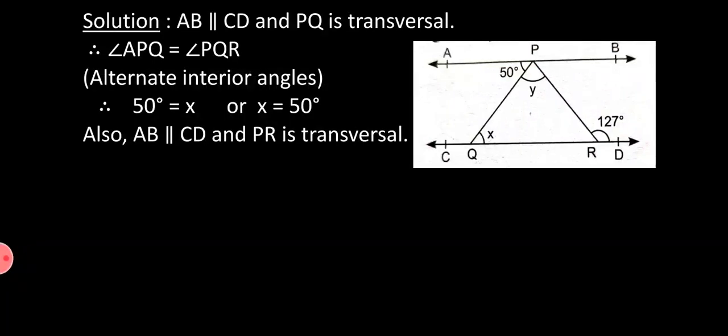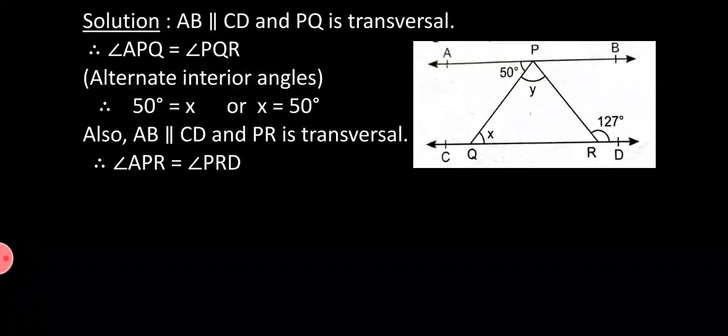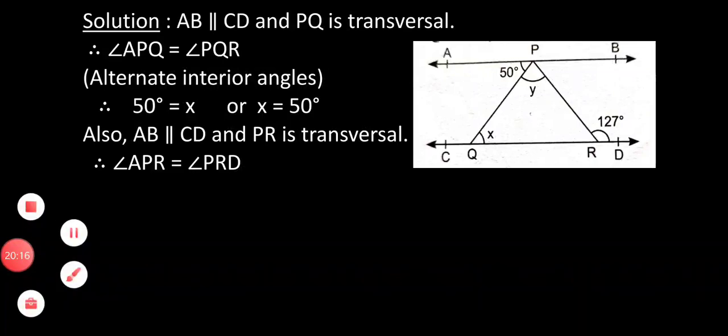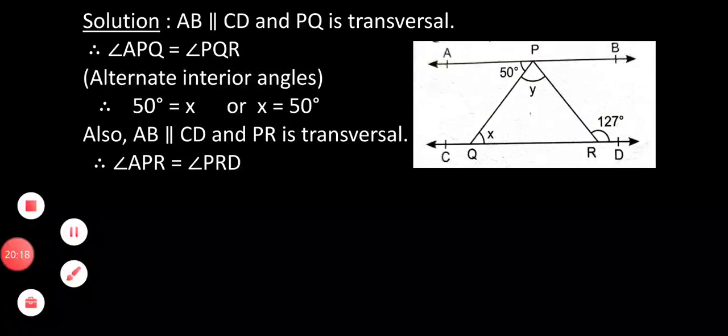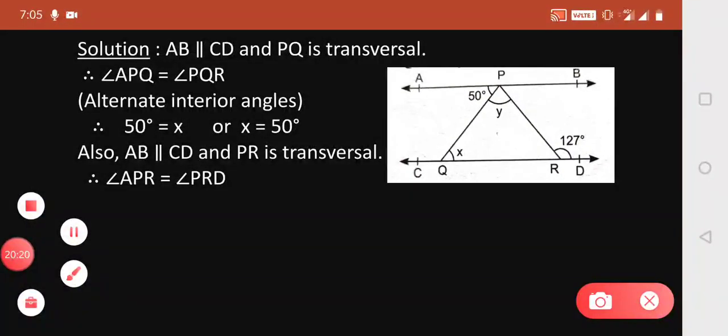Also we can take AB parallel to CD, and now we select PR as the transversal. So we write also AB parallel to CD and PR is transversal. Therefore angle APR equal to angle PRD. Yes, we write the equality because these are alternate interior angles again when we take AB parallel to CD and PR as transversal.